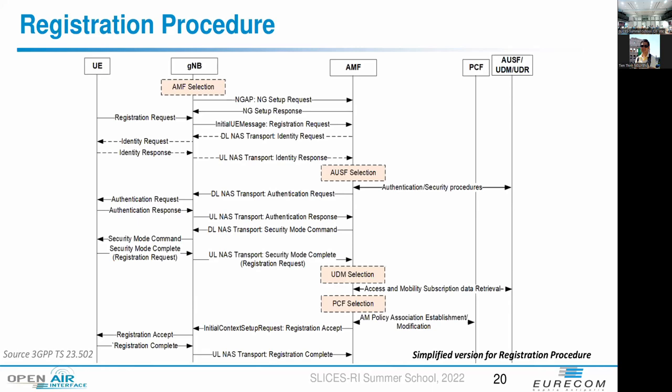In some scenarios, AMF needs to get the identity of the UE, and then we have the identity request and response, and then after that, AMF will trigger the authentication or security procedure.